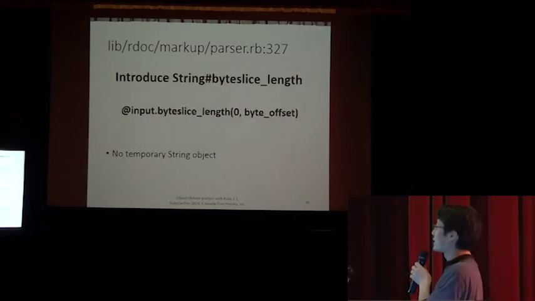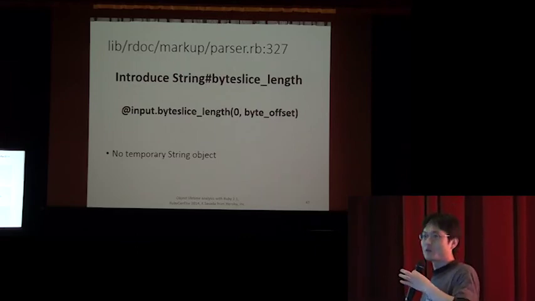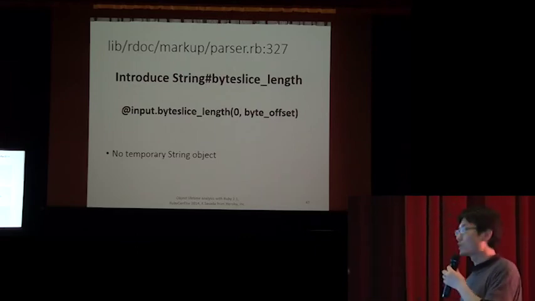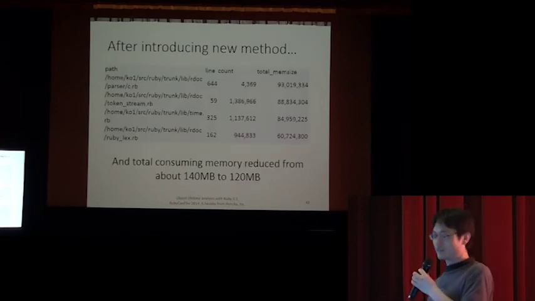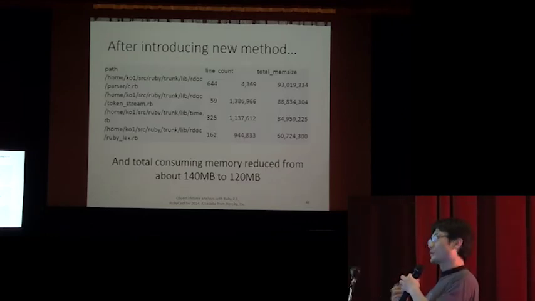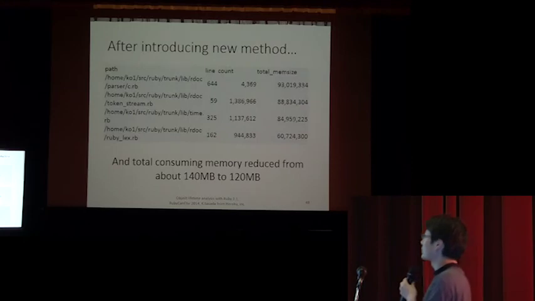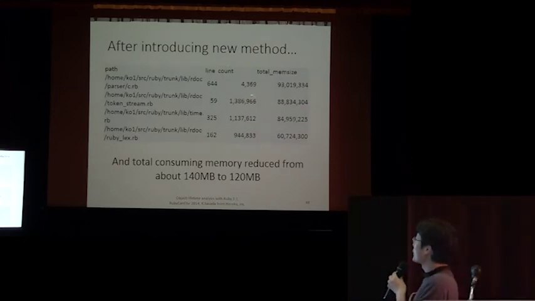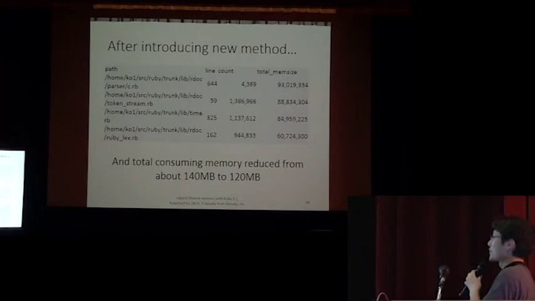So I made a new byte length method. It will not create any other temporary objects. So it will be fast. This line does not create objects anymore. So after that, we can remove such a huge amount of memory allocation.